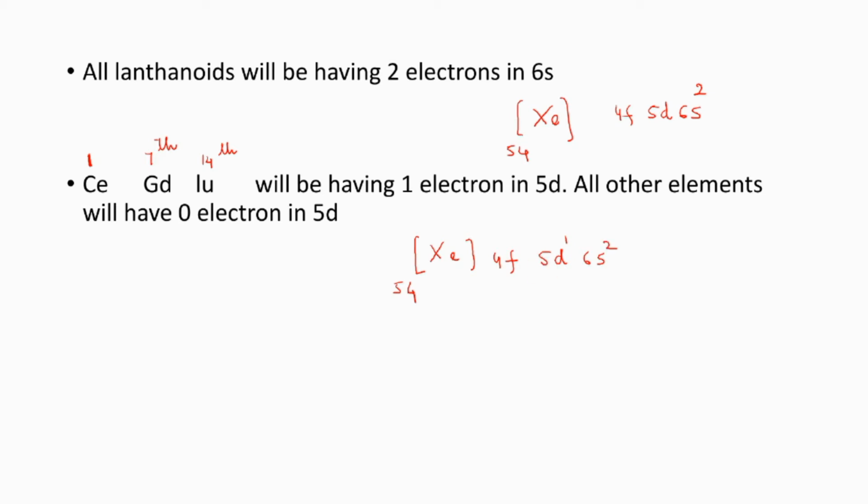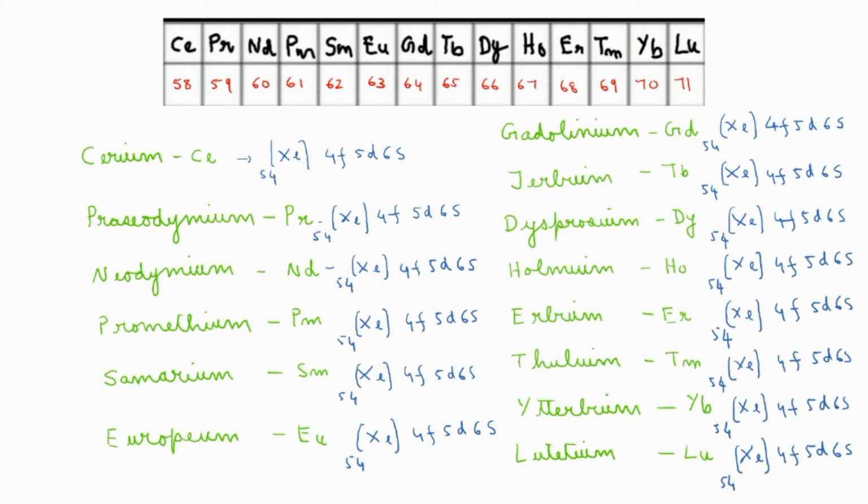Now come back, let's write the electronic configuration of all these elements. So what is the trick to remember? All these elements will have 2 electrons in the s subshell, so we don't want to memorize that. There is no change in the number of electrons in the s subshell. All of them will have 2 electrons. Now, how many electrons will be present in 5d?